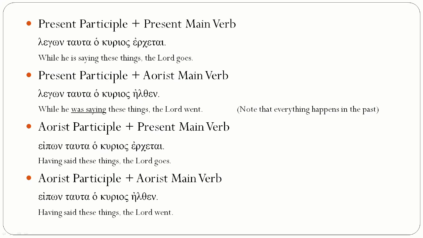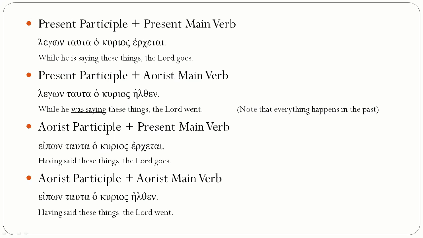And I believe this is my last slide, these 4 examples. I've given you some combinations here. Again, the participle relates that action to that of the main verb. So let's take a look at these 4 scenarios that can present themselves. First one, present participle along with a present main verb.